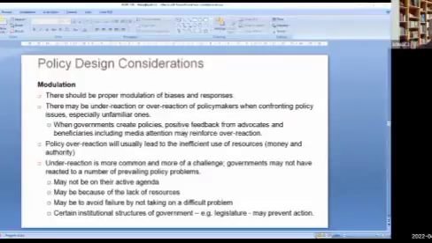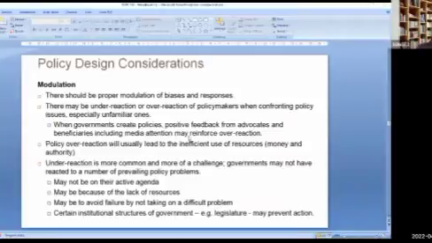When governments create policies, positive feedback, for example, may reinforce overreaction. If they get positive feedback from advocates or from beneficiaries, that will make government overreact and believe that the policy is doing well or something like that, and not be completely in sync with the realities.